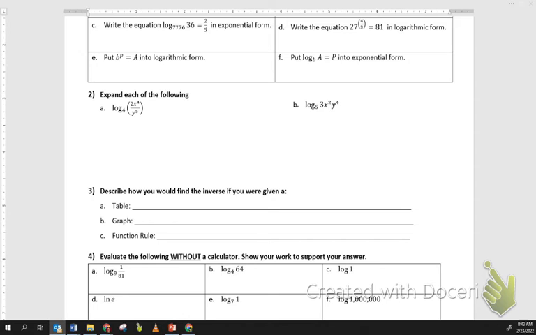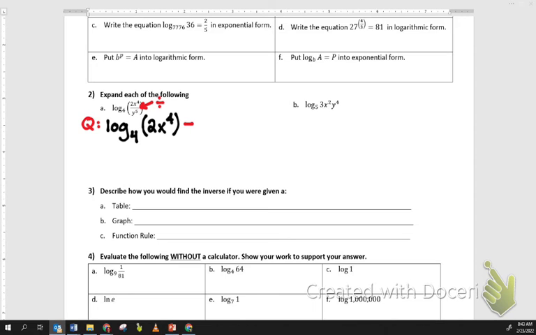So our first step when we are expanding is our quotient rule. When I'm expanding and doing my quotient rule, I look for division, and that will become subtraction.